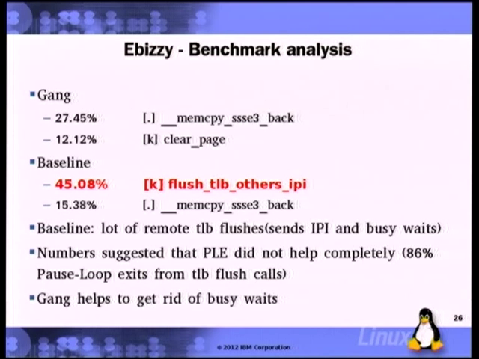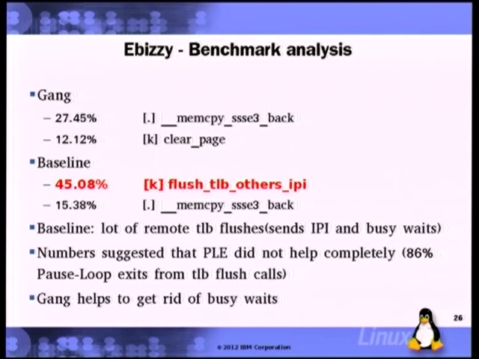Because the vCPUs run separately, a lot of remote TLB flushes happen. While doing remote TLB flushes, the vCPU sends IPIs to all the other CPUs and busy waits on all of them to come back.